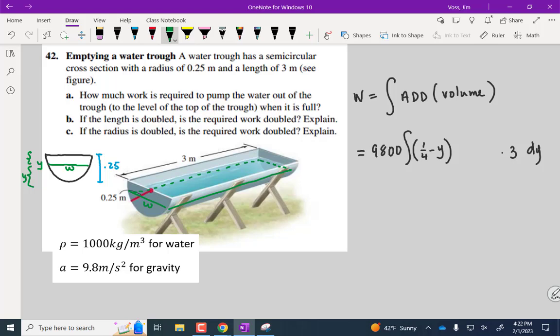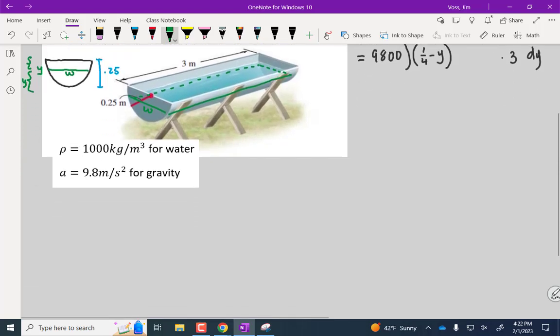All right, so let's figure out a coordinate system. The coordinate system I will choose is to put the trough right on the x-axis. Sometimes folks will put the origin right there at the center of the circle.